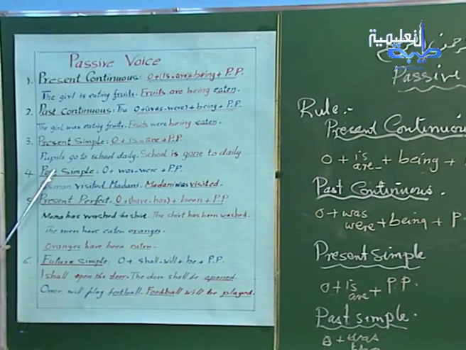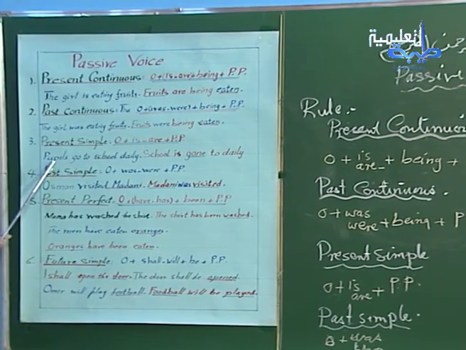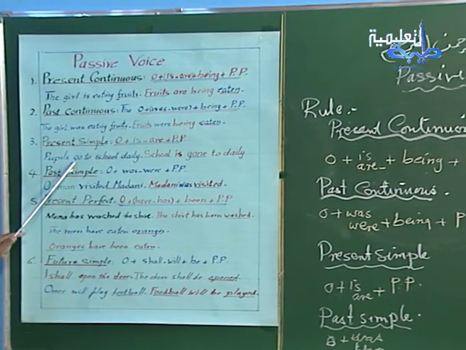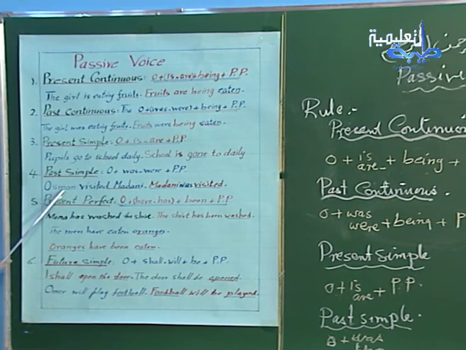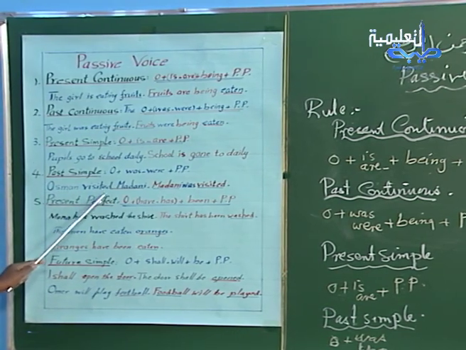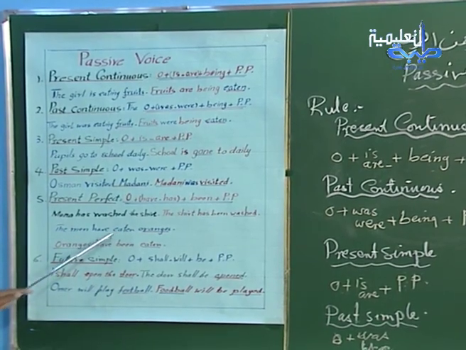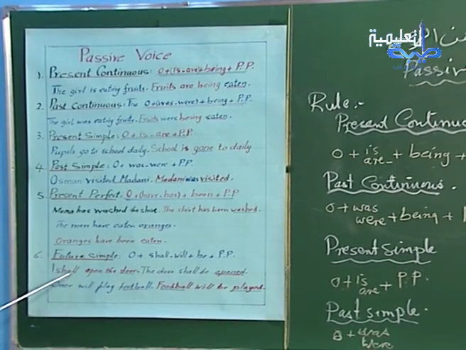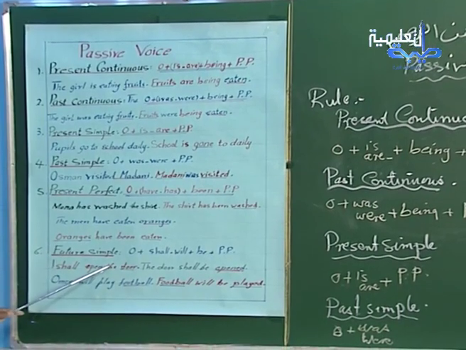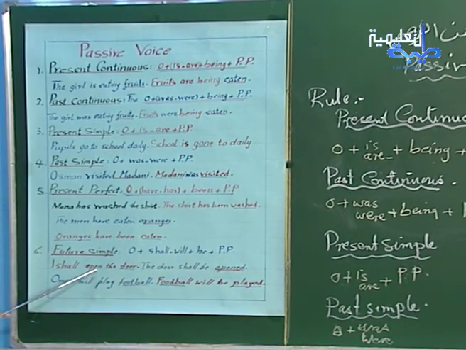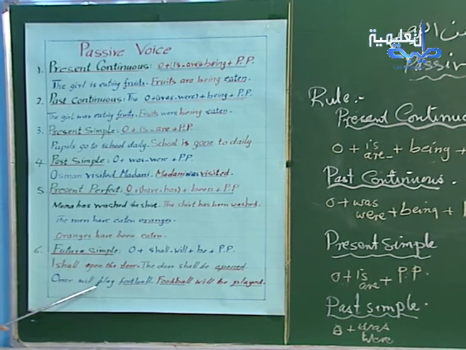Here, pupils comes before go, the verb. Usman comes before the verb visit. The men come before eat. I comes before open. Umar comes before play.